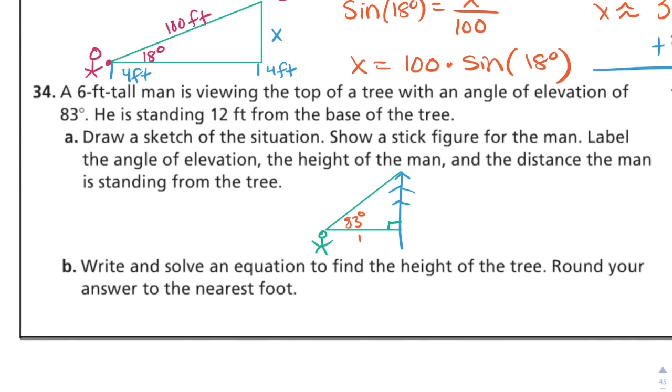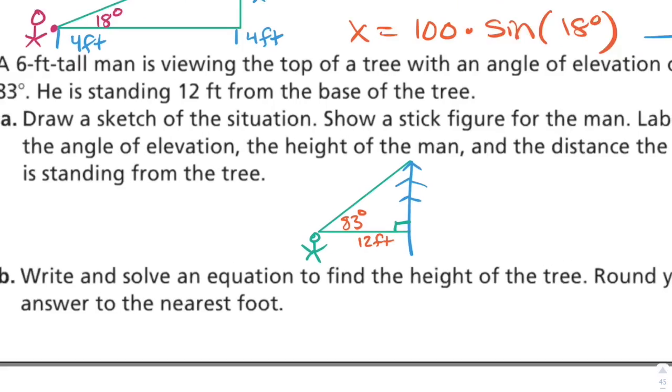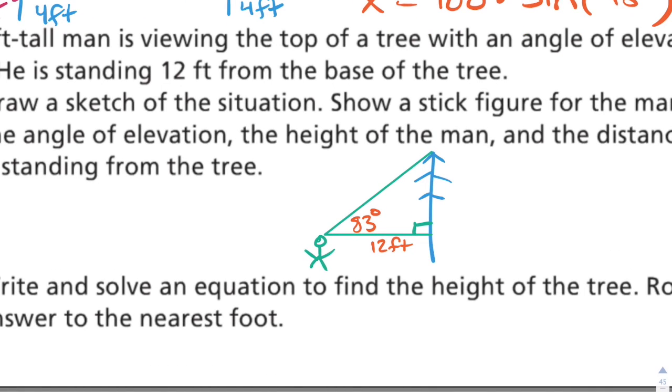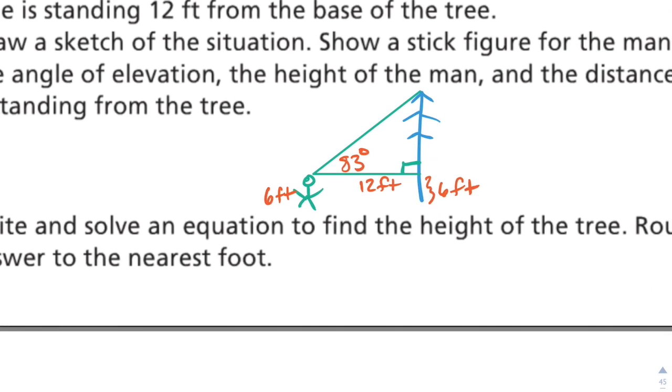He's standing 12 feet away. The height of the man, we don't know, oh, 6 feet tall, I'm sorry, 6 feet. That is a very tall person. Here, this part is 6 feet. We'll have to add that in later.